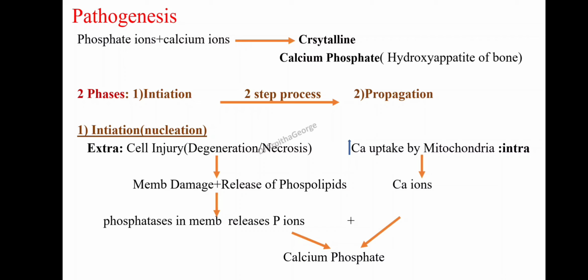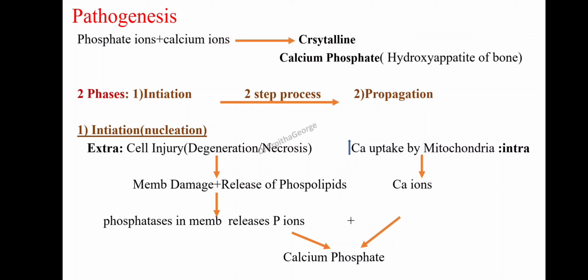If necrosis happens, obviously the cell is going to die. The cell is going to die, meaning the cell is going to burst out. The cell membrane is made up of phospholipids, so the cell membrane will release the phospholipids, because the cell membrane is made up of the bilayer of phospholipids. Once the phospholipids are released, one enzyme will come and change these phospholipids into phosphate ions.